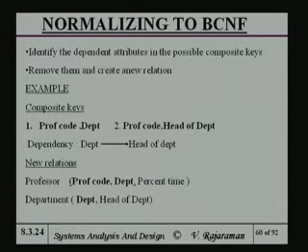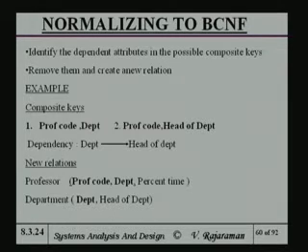So in this case, the composite keys are Professor code, department and Professor code, head of department. The dependency is department and head of department. So the new relations are: Professor code, department, percent time. Head of department does not appear here.